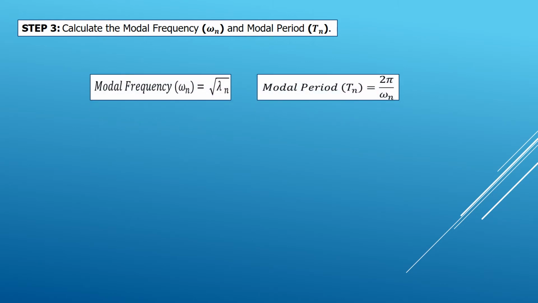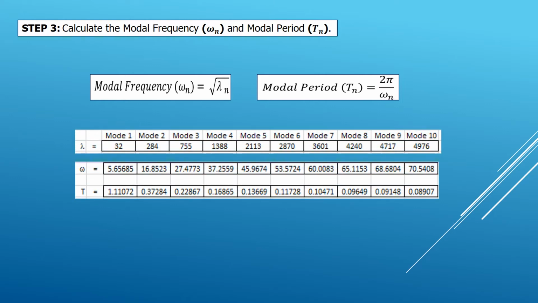So, to find the modal frequency, we need to square root the lambda or the eigenvalue. Modal period is equals to 2 pi over modal frequency. Since the lambda or the eigenvalue is already determined, we can easily find the modal frequency and modal period.